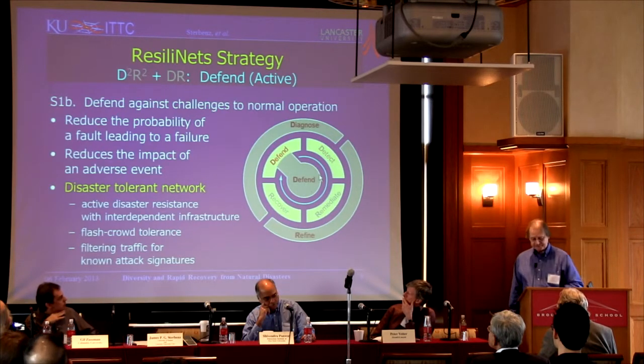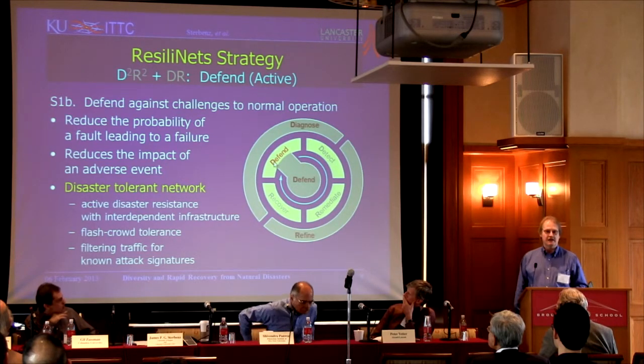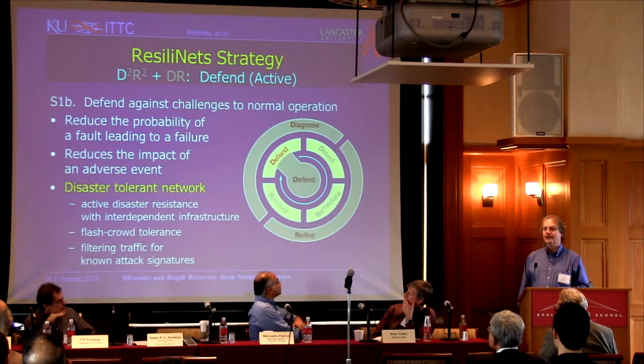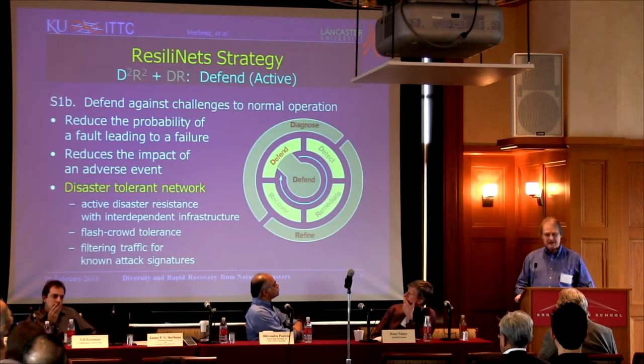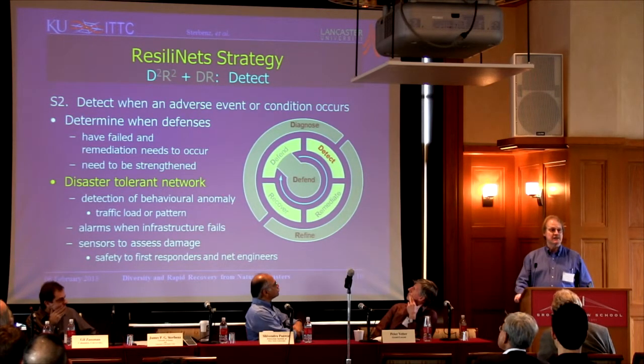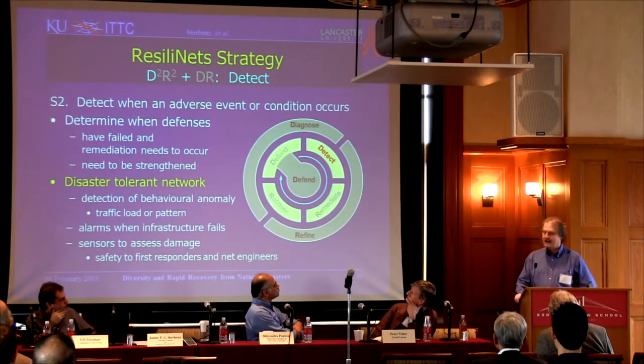Then actively, we want to defend. Active defenses, ones that people are used to, are things like firewalls that are looking for known signatures. If the structural defenses and the active defenses hold, great, but of course they won't always. So we need to detect when something has gone wrong. And we're increasingly looking with the folks in China at how to do rapid deployment of replacement infrastructure.